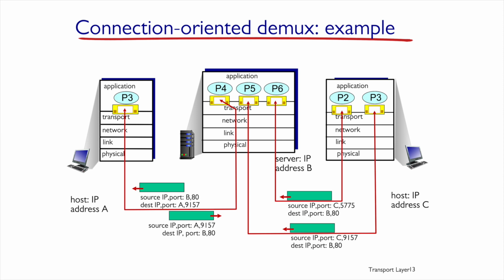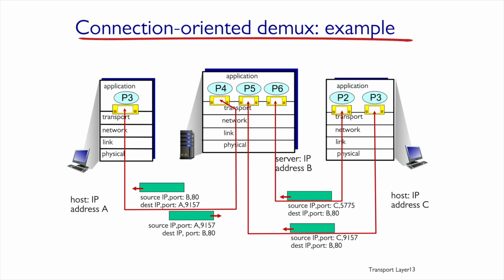Now, let's say both hosts, left and right, running processes P1, P2, and P3, are trying to send messages to processes P4, P5, and P6. In this specific case, all these messages will have destination port 80. The destination IP will be IP B. But still, because we need to describe every connection separately, here is the case where the source IP and the source port start playing a part.